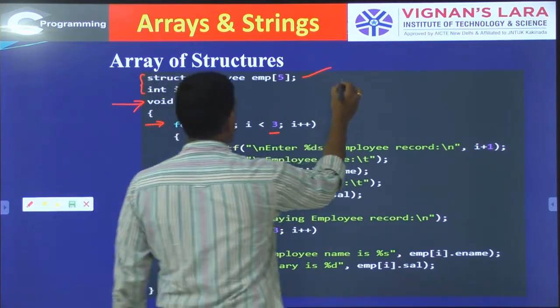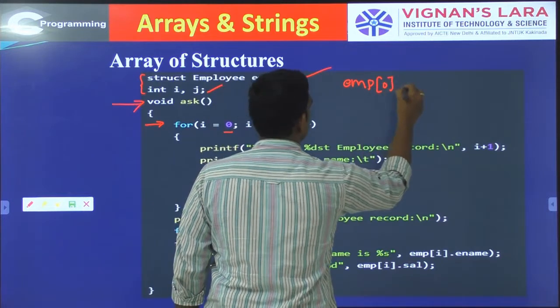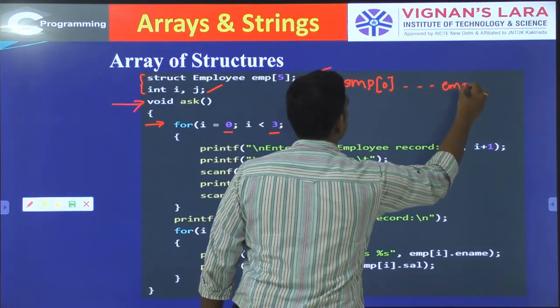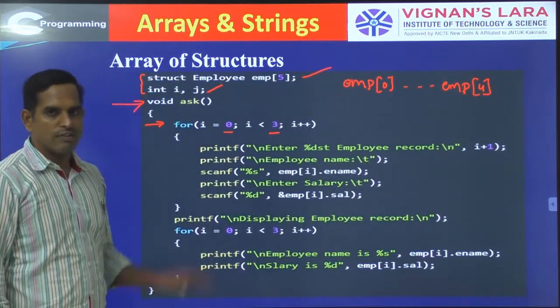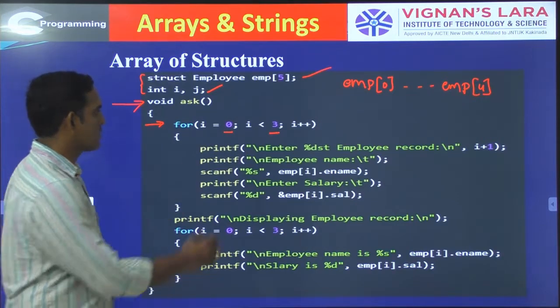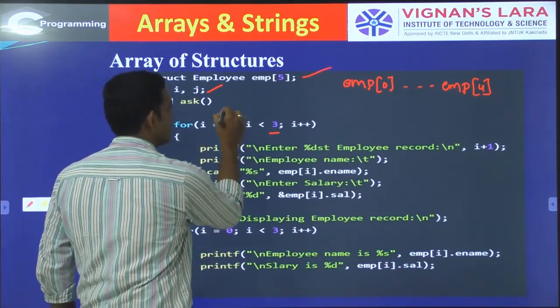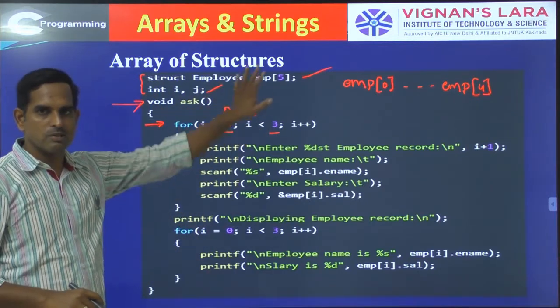You have emp[0] to emp[4]. Even though I have created 5 employees, in this example I am using only 3 employees, that is 0, 1, 2. You need not use all the 5 employees by the declaration.